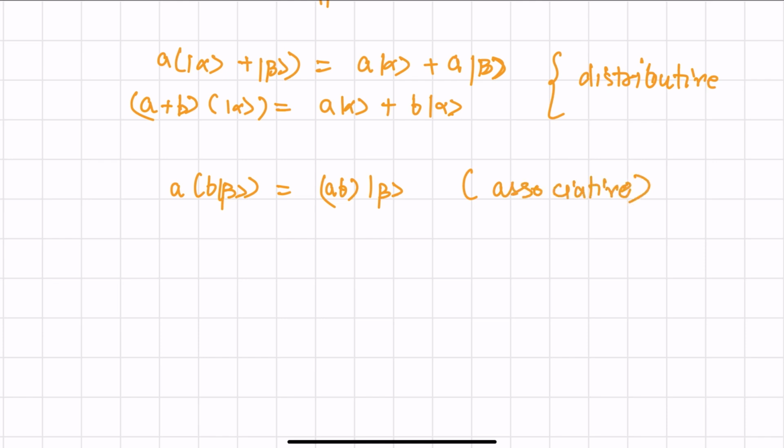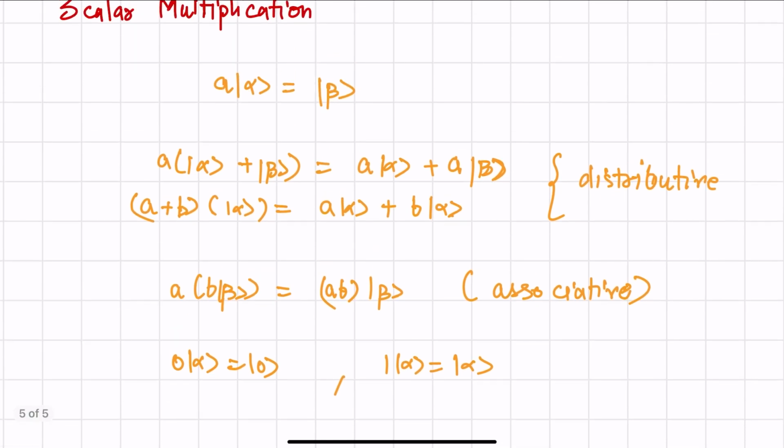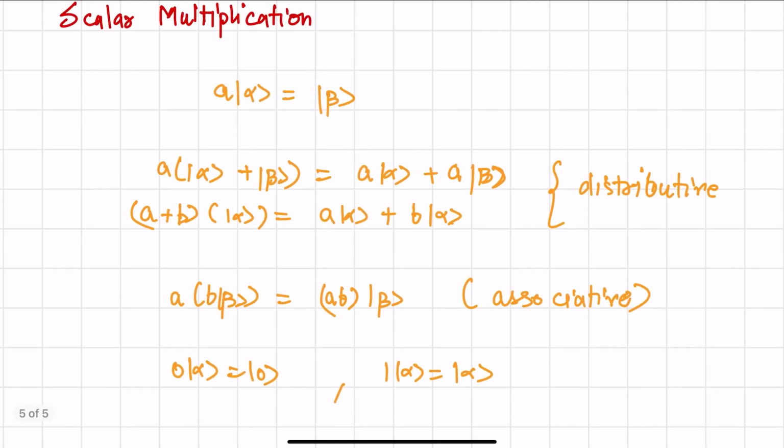Then it should also have that if you multiply with the scalar 0, you get the 0 vector, and if you multiply with 1, it should leave your vector unchanged.